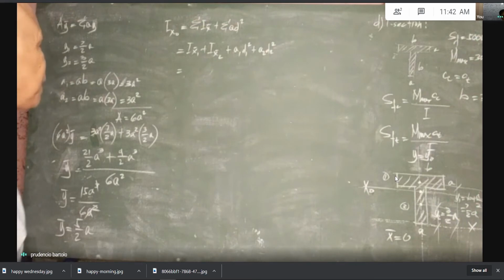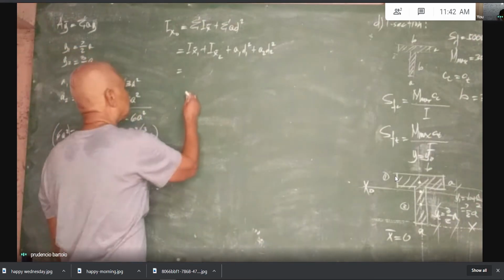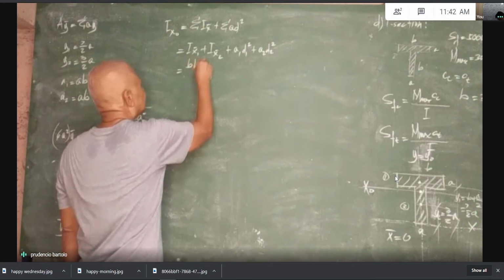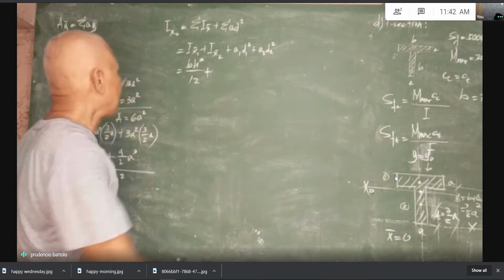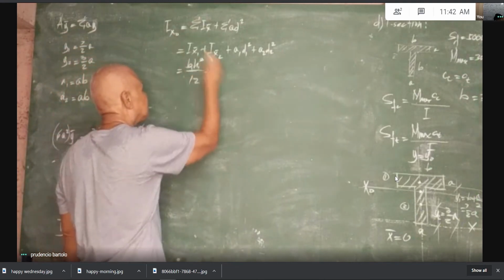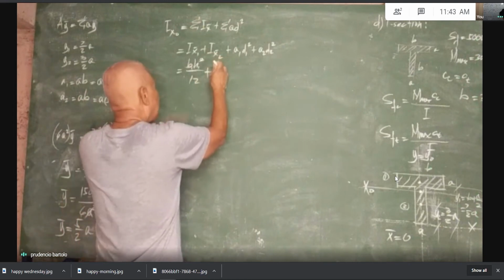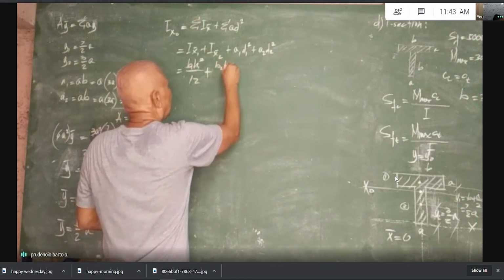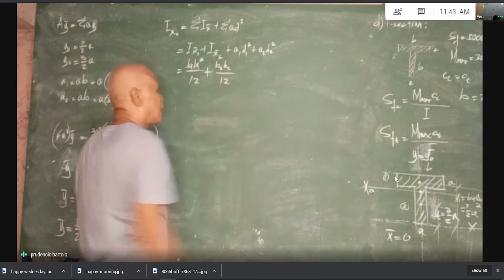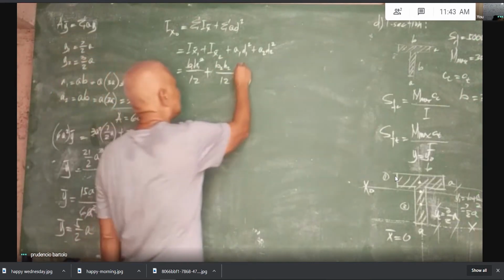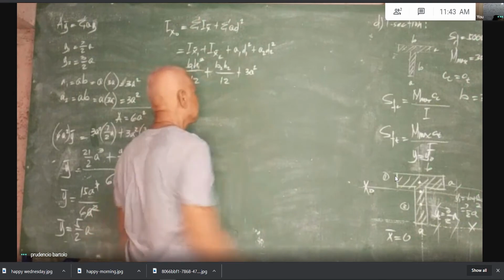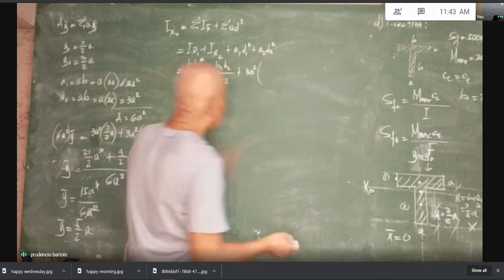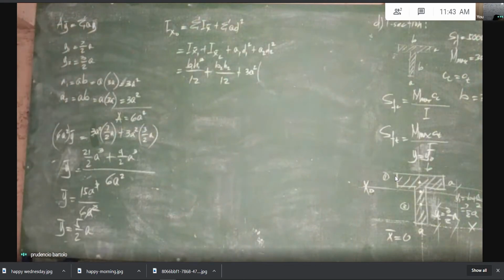So substituting values, I bar x of figure number 1 is equal to bh cubed over 12 plus, for figure number 2, b2 h2 cubed over 12, plus the area, A sub 1 is 3a squared, multiplied by the D1 element squared of figure number 1.